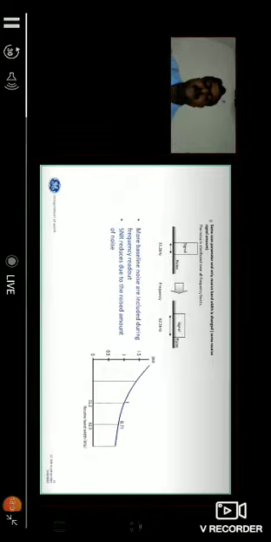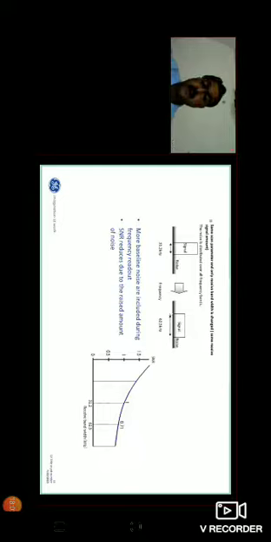But the baseline noise is more in the higher bandwidth. Here you can see the noise is less, but over here the noise is more. So that's fine. If you are increasing your receiver bandwidth, SNR is reducing.